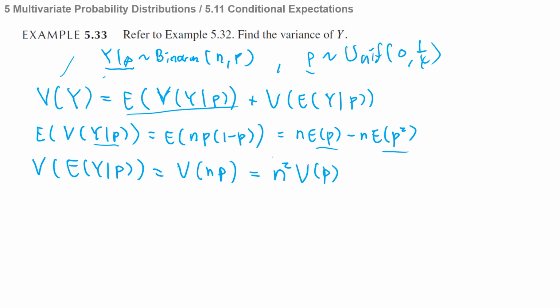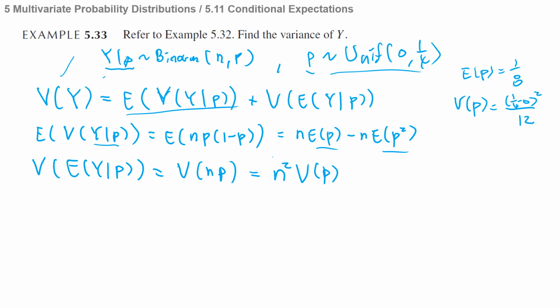And here, p follows a uniform distribution. So from the uniform distribution, E(p) is 1/8, and the variance of p is (1/4 minus 0) squared over 12. So that's the variance of p.